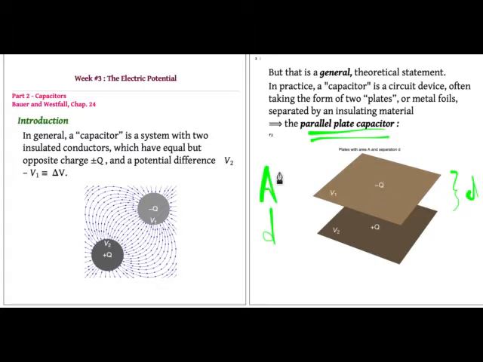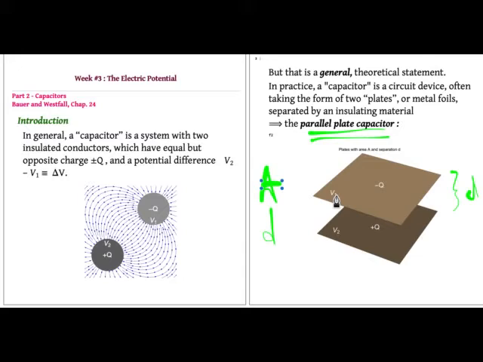And one of the derivations you'll find in chapter 24 is the formula for capacitance of a parallel plate capacitor in terms of A and D. The capacitance, I have to define, the capacitance will be a ratio involving charge and potential.